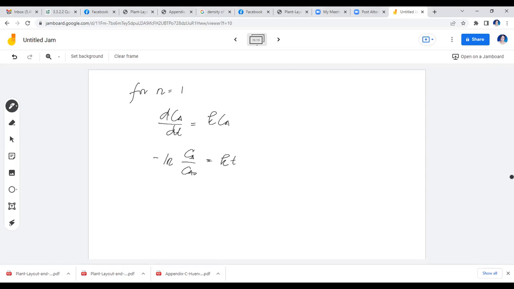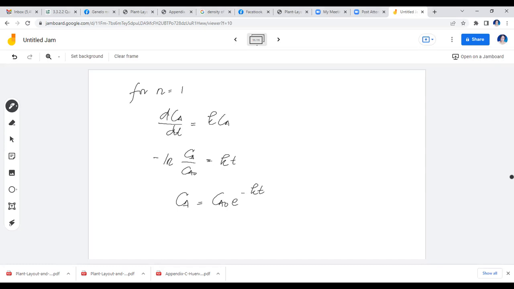So this is our more generic formula, which we can simplify further to Ca being equal to CaO e raised to negative kT. So this is for a first order reaction in which you want to determine the concentration after some time inside your reactor for a particular initial concentration.